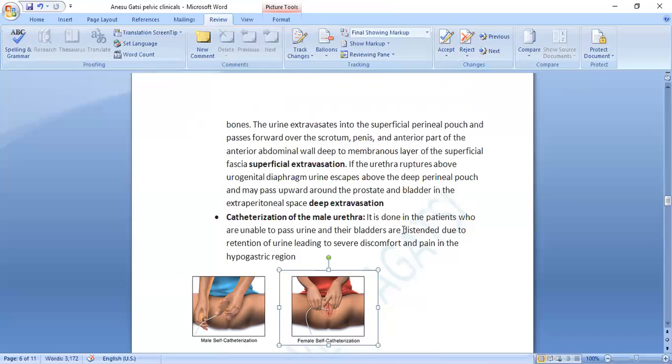This method can also be used to obtain a sample of urine if suprapubic aspiration is not doable. But if this method is going to present with pain for those, let's say, males that have phimosis, that is a constriction of the urethra, then they need to resort to the suprapubic aspiration that we talked about earlier on.